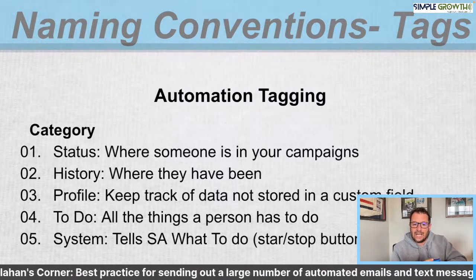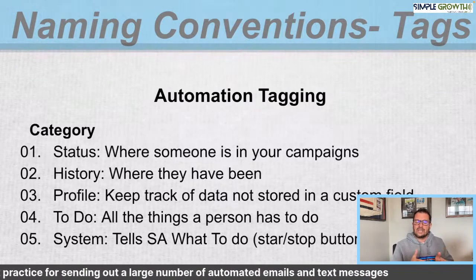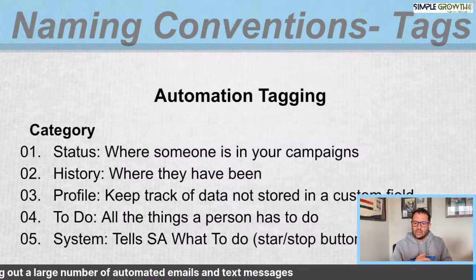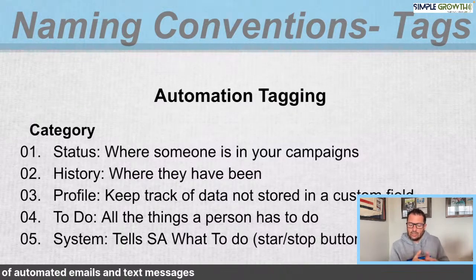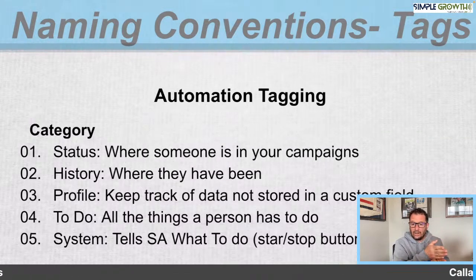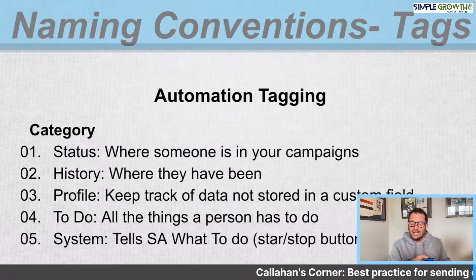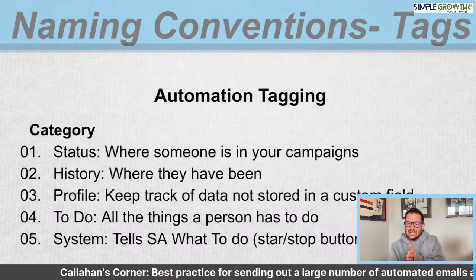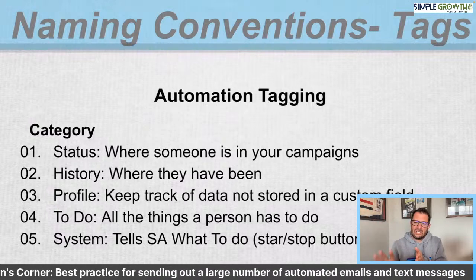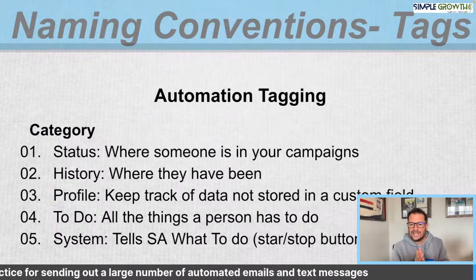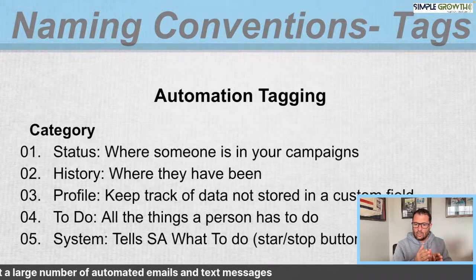The 01 status is basically, where is somebody in your campaigns? In the first example of that customer journey, they have requested an estimate for holiday lights or lawn mowing, but they haven't received it yet. And then once the estimate is received, we have an estimate received, but it has not been won or lost. Those are the statuses we're looking at. So that's 01 status, and it's literally 01 dot space, the status that you have.